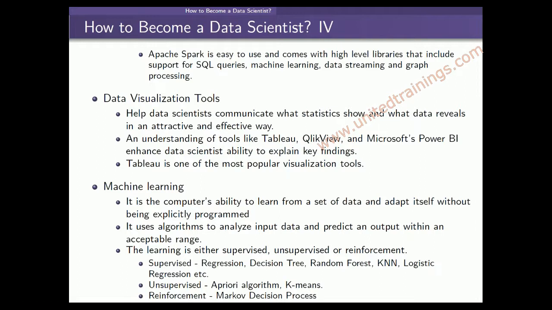For example, the machine learning techniques are classified into three types. The first one is supervised learning. Supervised learning means the outcome is known. Let's say you have got an email, so you know the outcome: that email is going to be either a fake mail or a normal, genuine mail.